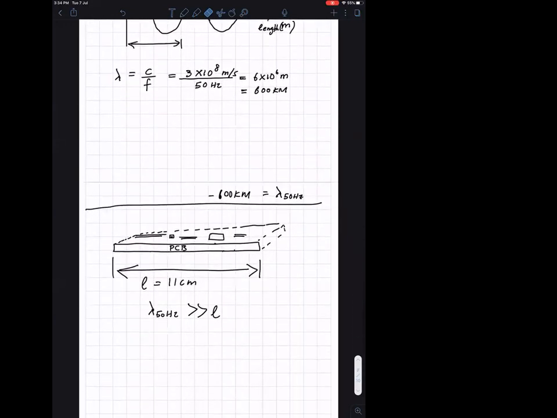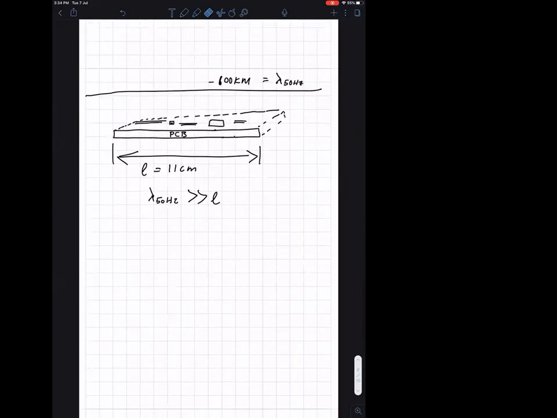But when the length of the circuit is approximately the wavelength, then all kinds of transmission line effects will come in.